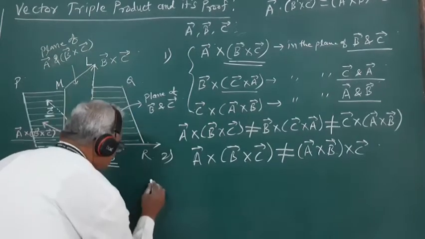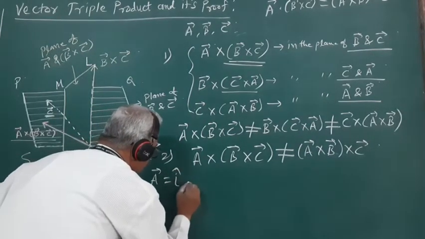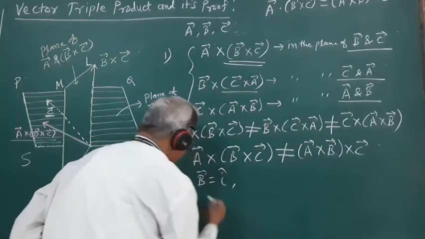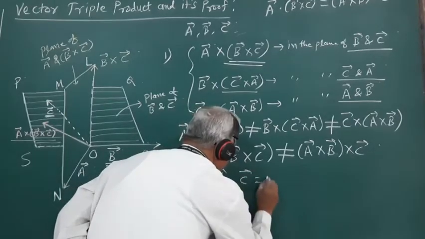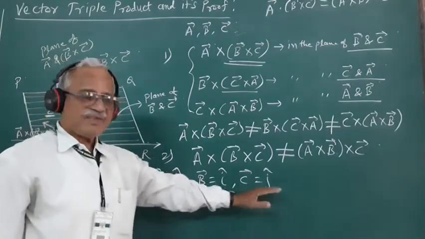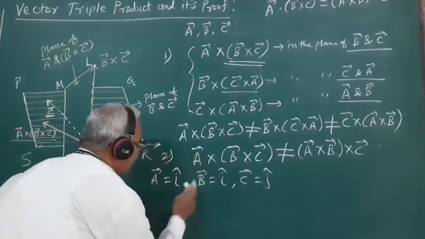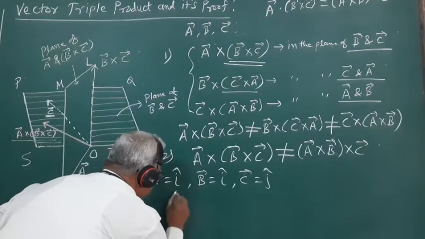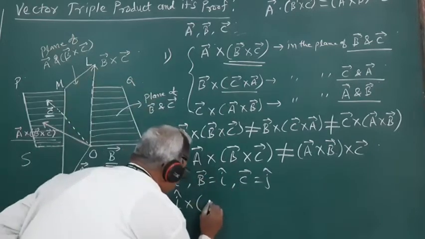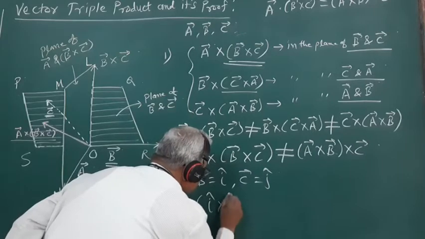For that purpose, let us consider the vector A bar is equal to I cap, B bar is equal to again I cap, and C bar is equal to J cap. Using these values of A, B, C here, we get A bar, which is I cap, cross B bar, which is I cap, cross C bar, which is J cap.